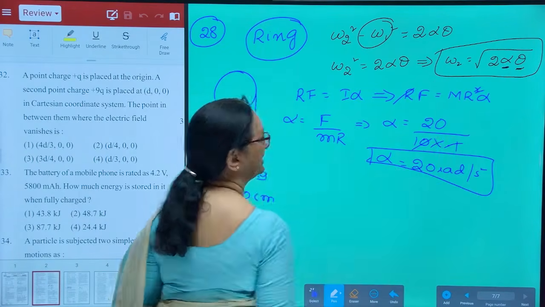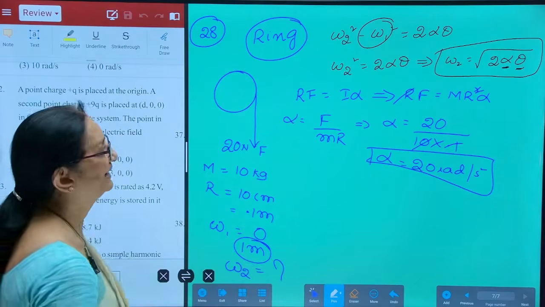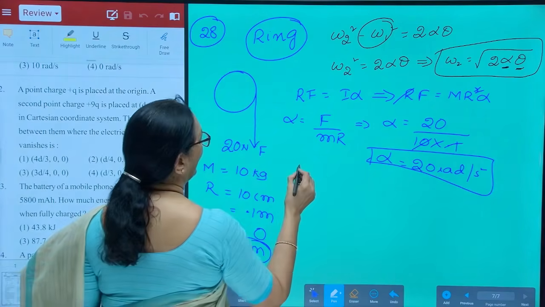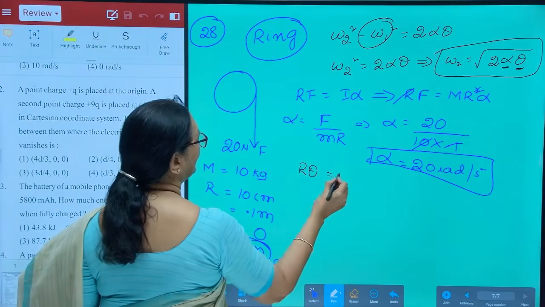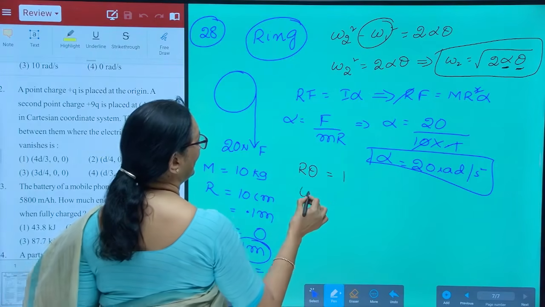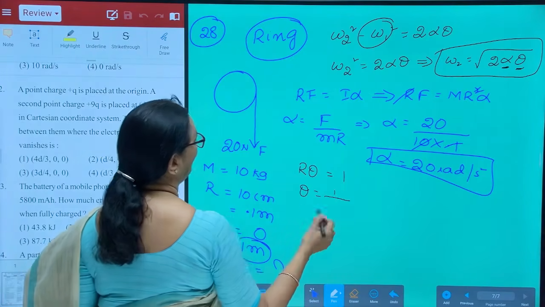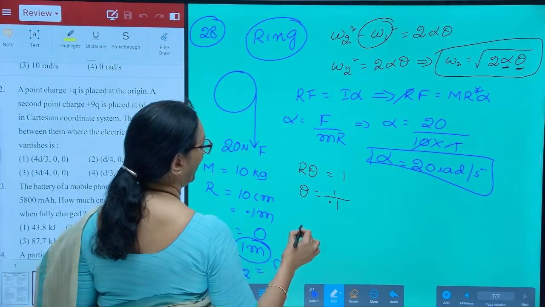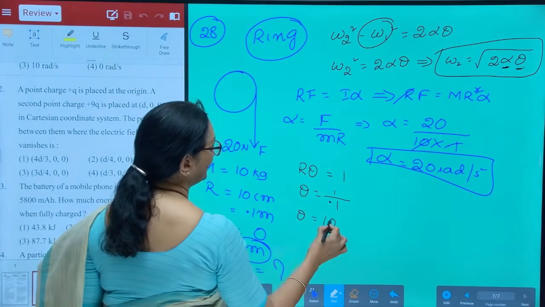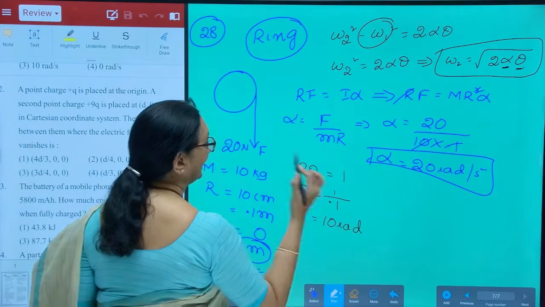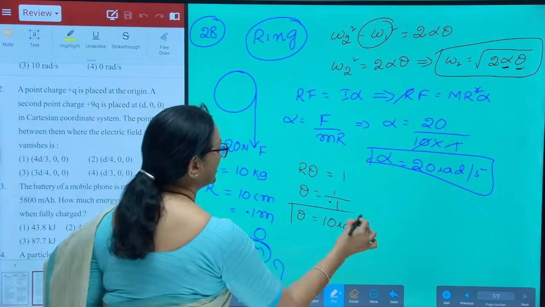So α is found. What else is needed? θ. We know Rθ is equal to the linear displacement. θ is equal to 1 by 0.1, as the radius is given as 0.1. So θ is equal to 10 radian. So θ is also known.